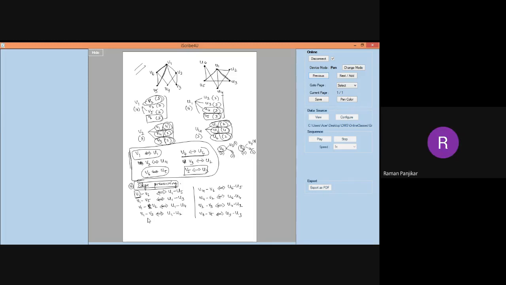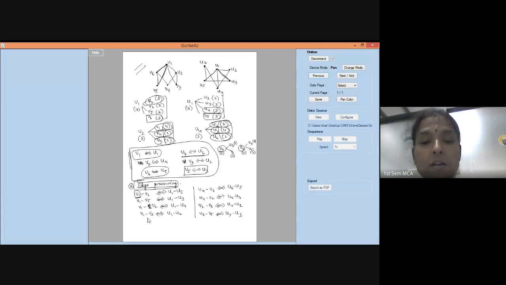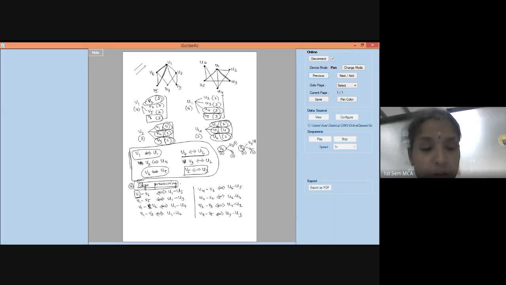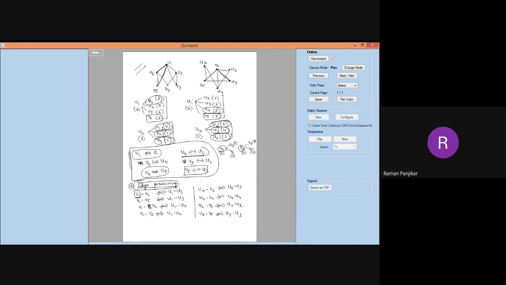The mapping should be V2 to V4. See, we are listing out 8 edges. This is an undirected graph, is it not? So I am saying the manner is different. If you are listing V2 to V4 or V4 to V2, it should be the same now. Ma'am, undirected.